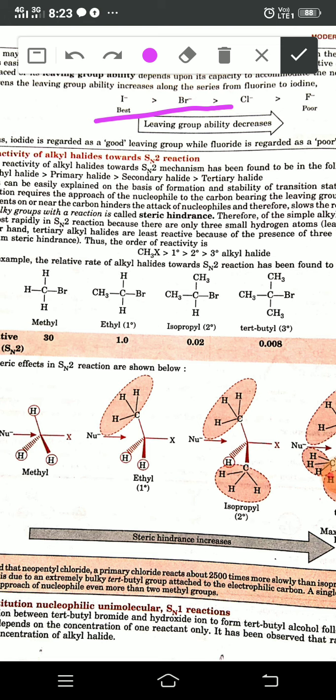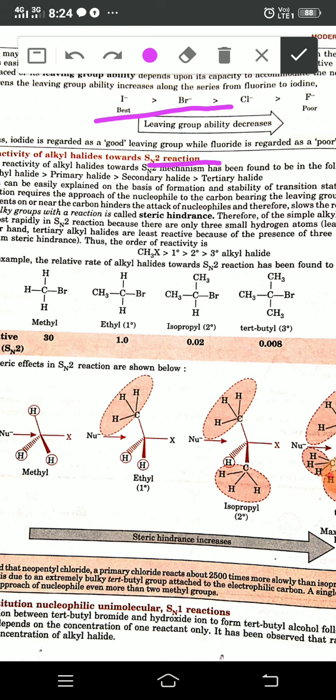And now the reactivity of alkyl halides towards SN2 reaction. Primary alkyl halide is more reactive than secondary, and secondary is more reactive than tertiary in the case of SN2, because of hindrance.